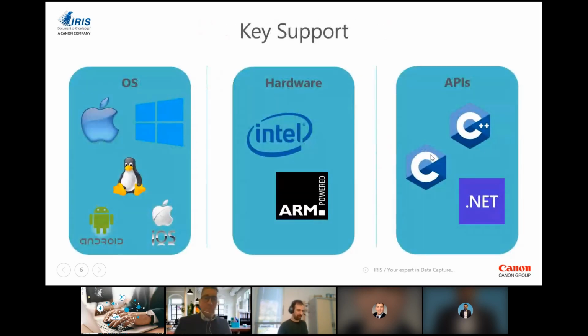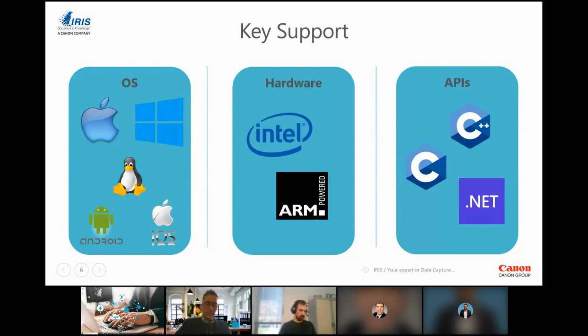Now, Simon, probably you can help me out with this part. Yeah, let's tackle the technical part of this presentation. Just before launching the demonstration, I want to say a word about the support that we provide. Regarding the OS, we provide packages for the 5 main ones.